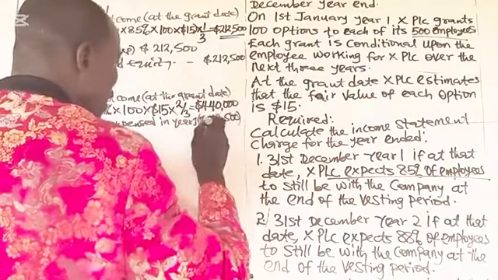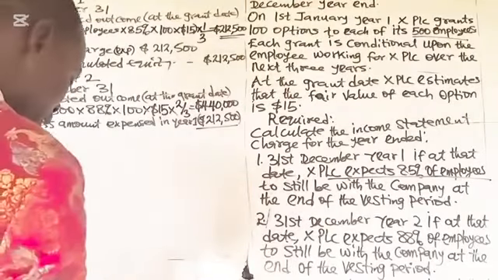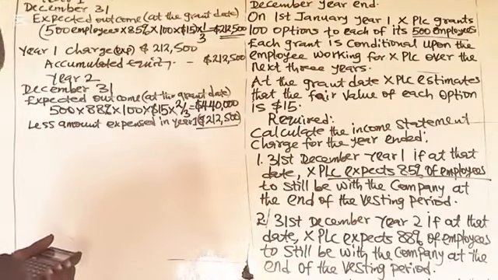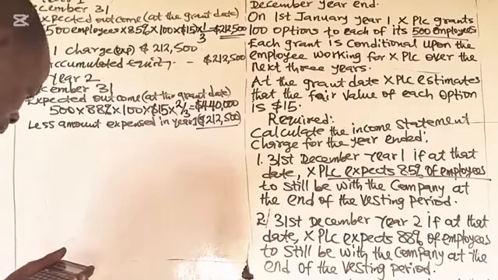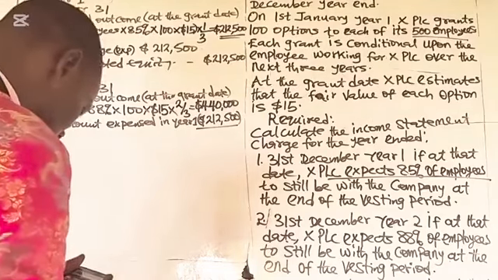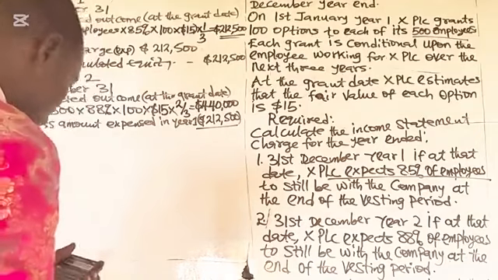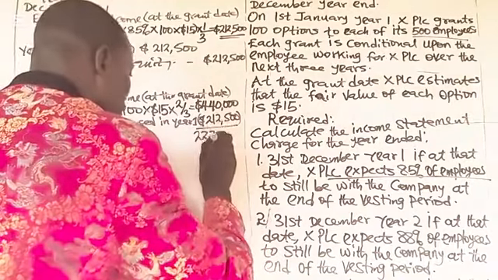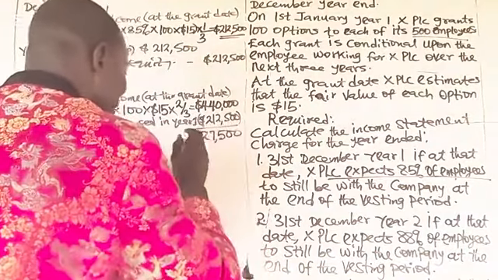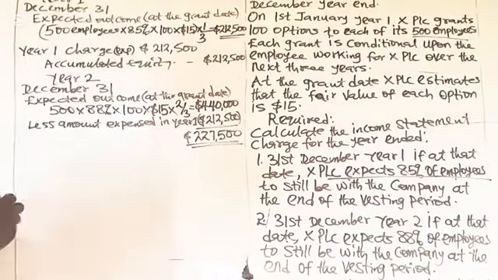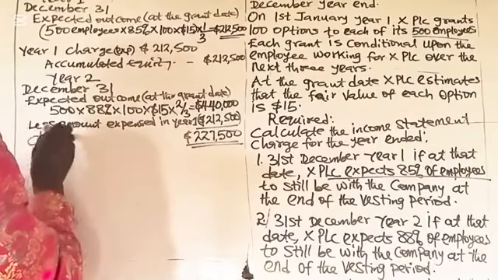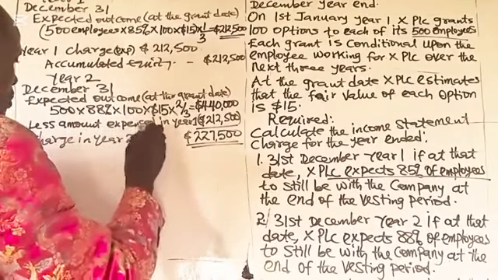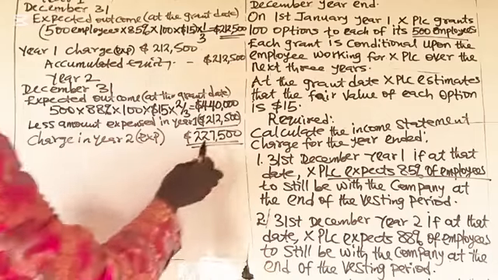If you remove 212,500 from 440,000, that will give us the amount that will be expensed in year 2. 440,000 minus 212,500, then you get 227,500. This 227,500 will be expensed in year 2. That is the charge in year 2.